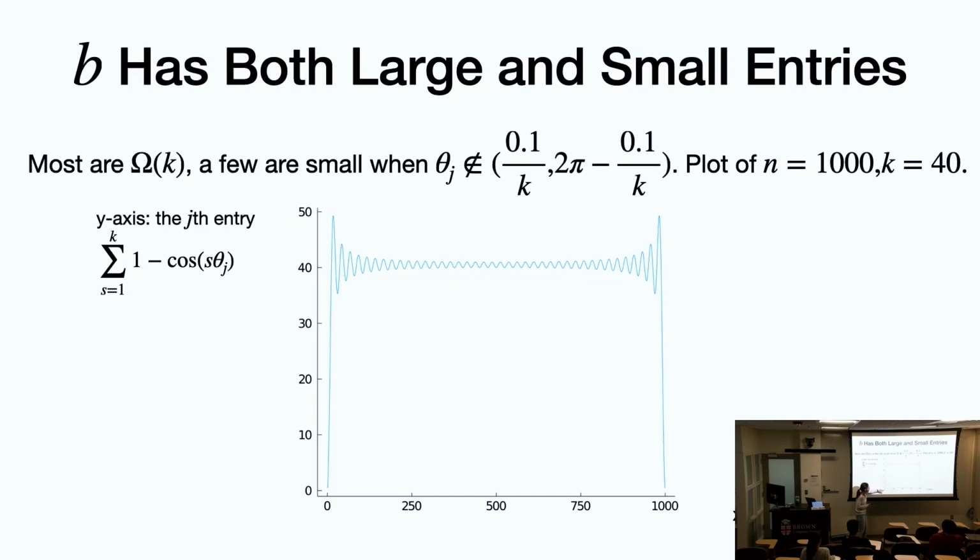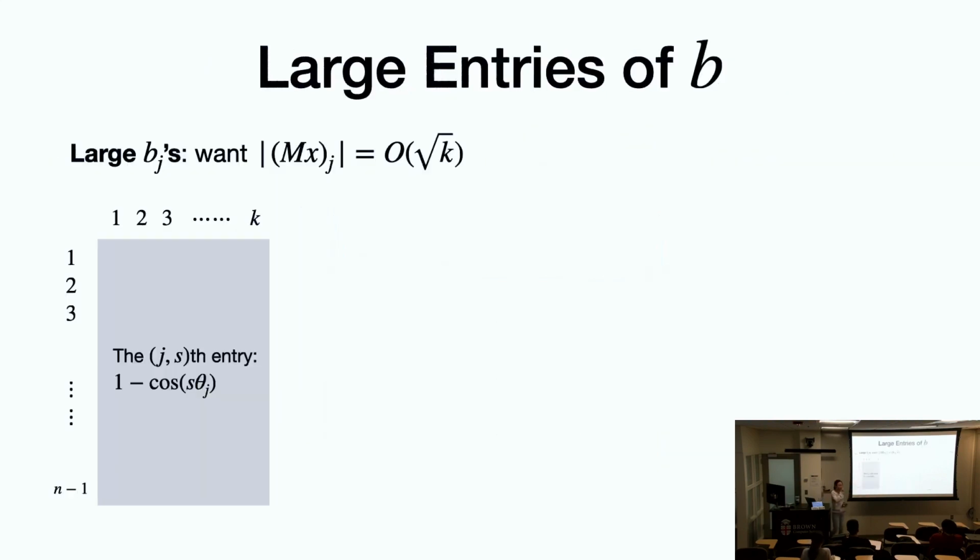And j being close to 0 or close to n corresponds to theta j being very close to 0 or 2 pi. We need to handle both of these cases, and here we handle them separately.